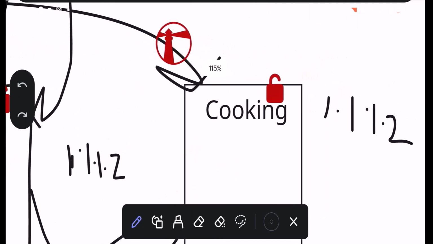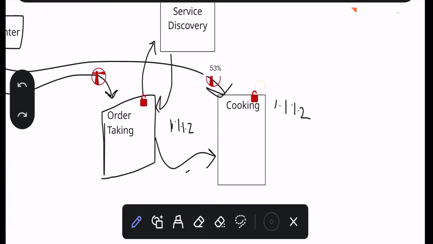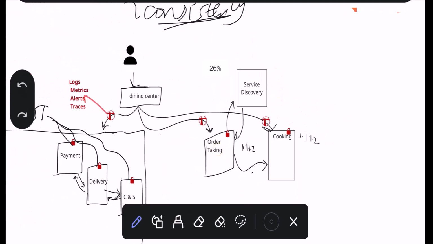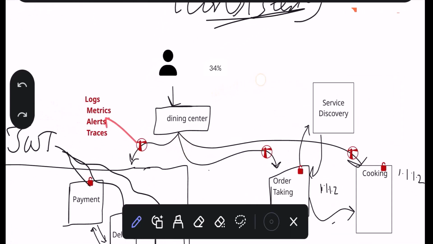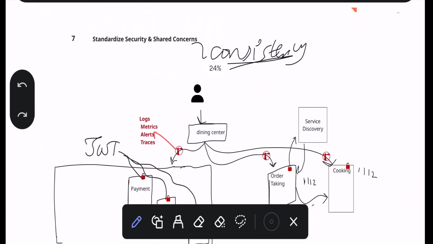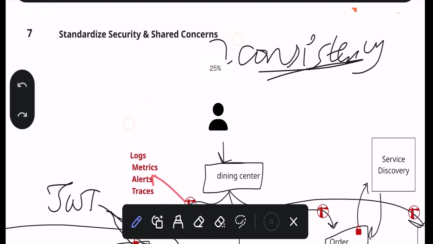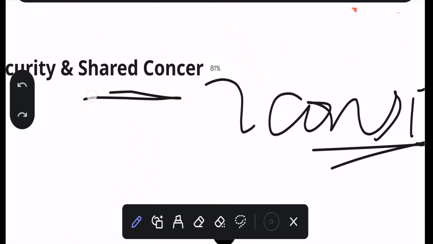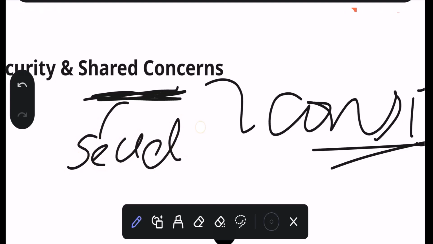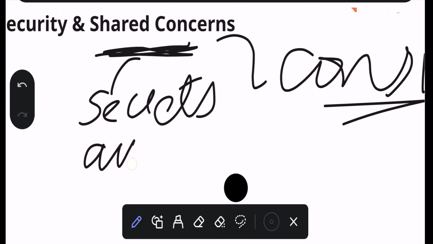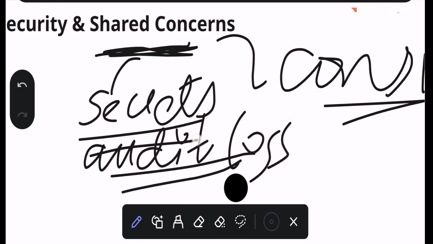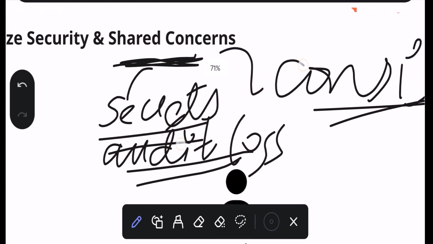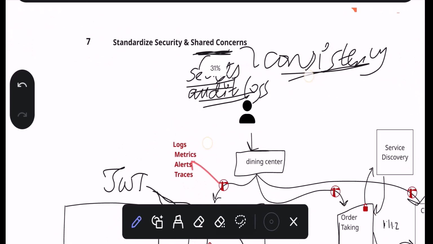So that consistency is maintained, and it should feel pleasant. Okay, so yes, after having standardized security and shared concerns, we should also retain secrets and audit logs, so that in future we can monitor and control our application.